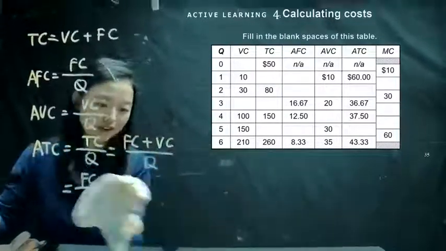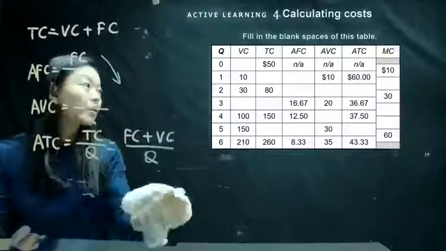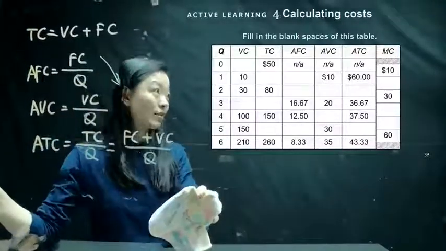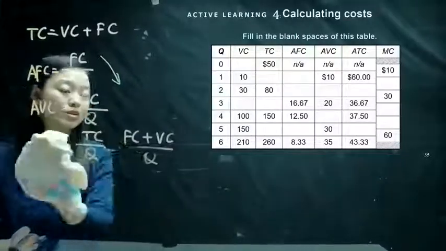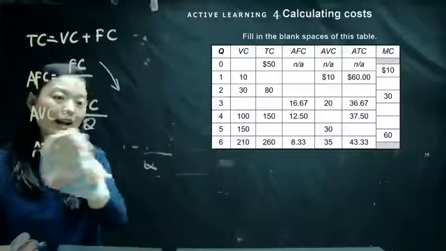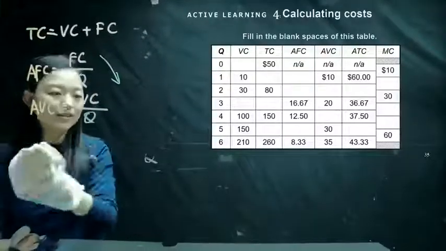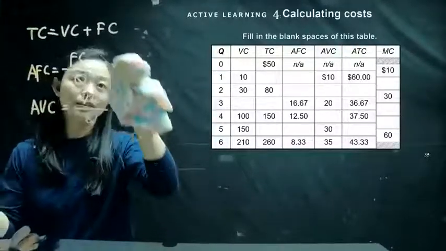The first column shows the quantity, the second column shows the variable cost, and the third column shows the total cost. So I can get the fixed cost easily.